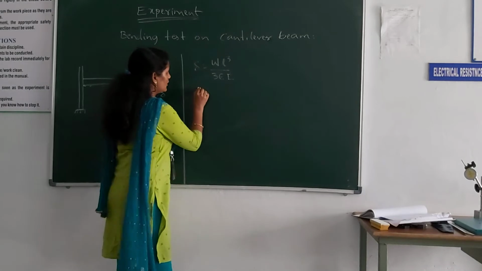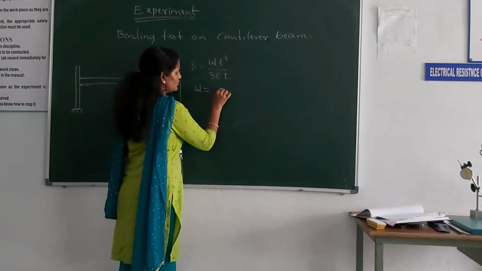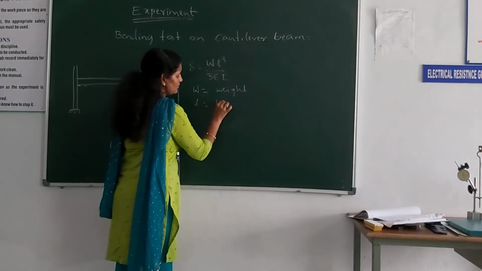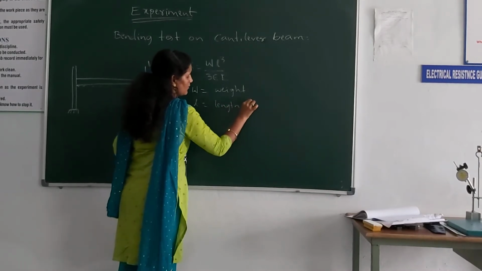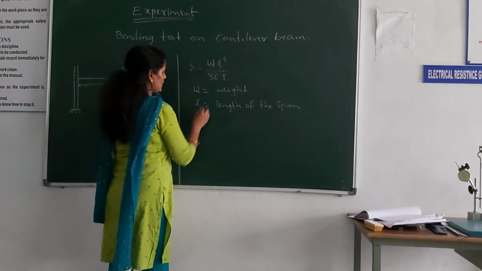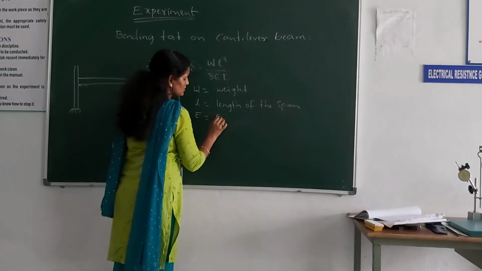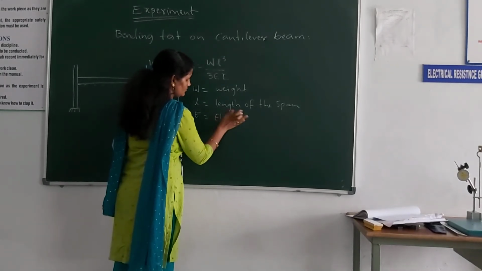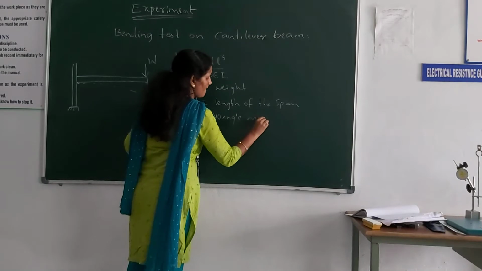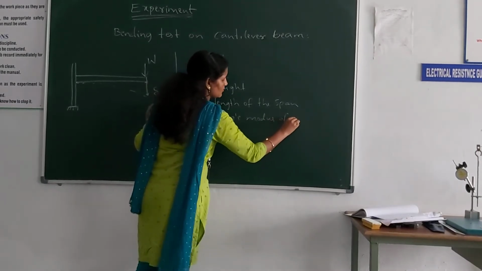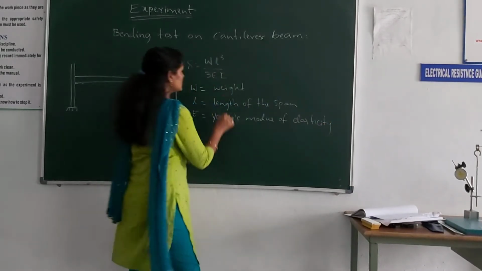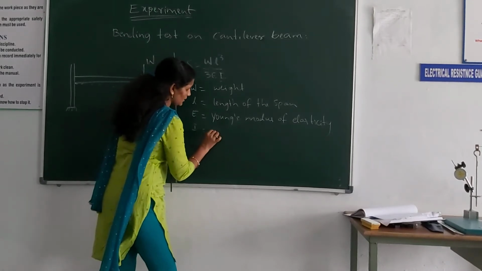Here W is the weight and L is the length of the span, E is the Young's modulus of elasticity of the material, and I is the moment of inertia.